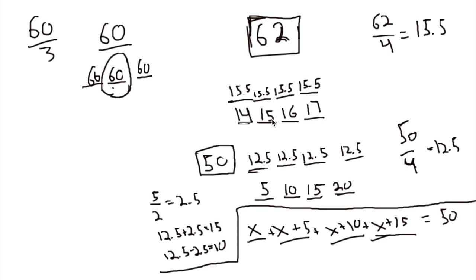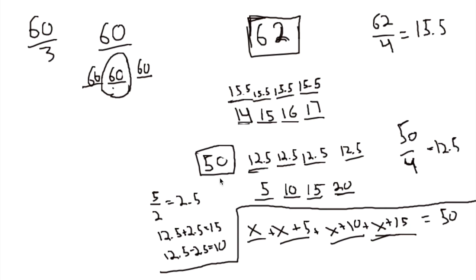And what I do is, for the middle 2 terms, I need 2 terms that are each 1 apart from each other, and their average needs to be 15.5. So with consecutive integers, that's pretty easy to do. It's just going to be 15 and 16. Their middle or average is 15.5. Then again, I subtract 1 over here, I add 1 over here. I'm just making it so that they're consecutive integers, and they're going to add up to 62. And I've solved this.